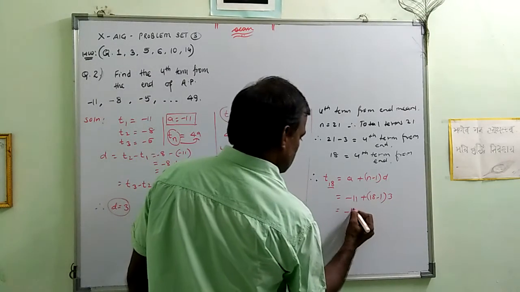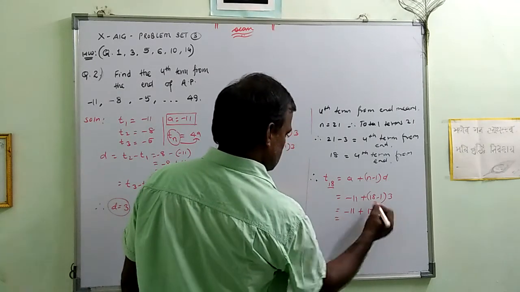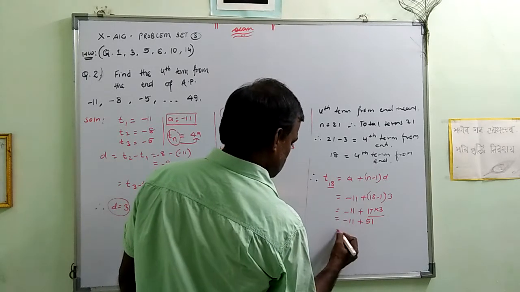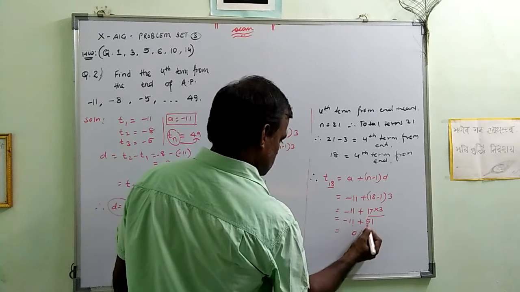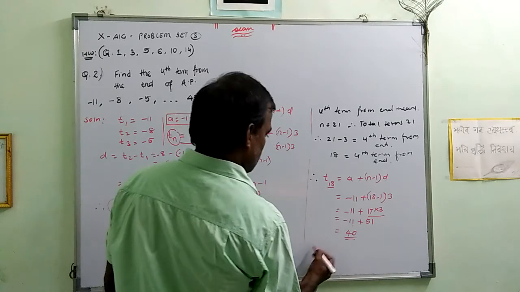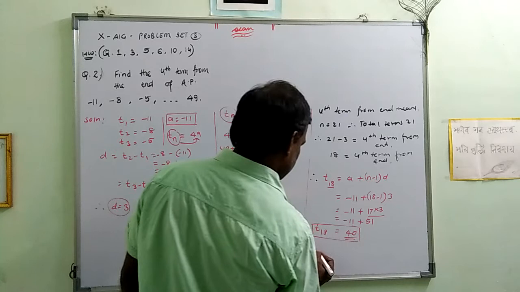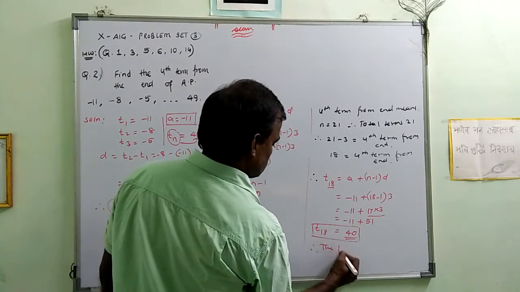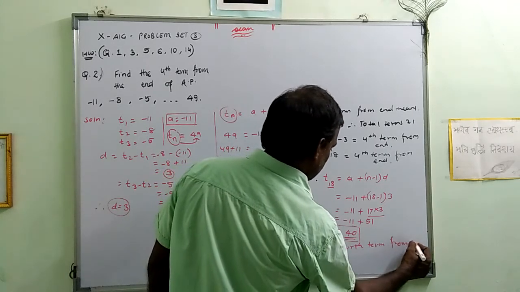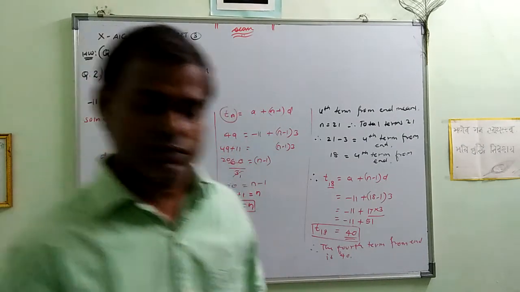So minus 11 plus 17 into 3. This means minus 11 plus 51. 1 minus 1, 0. 5 minus 1, 4. So we get 40. T18 equals 40. Therefore, the fourth term from the end is 40.